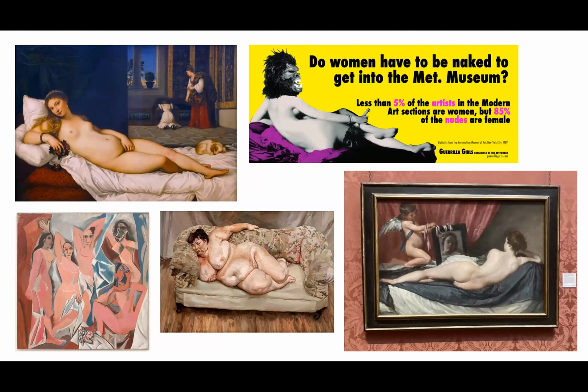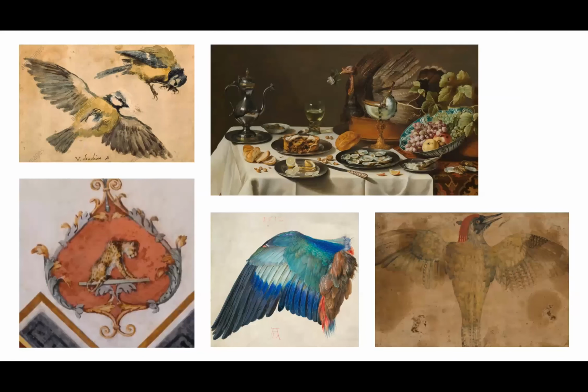I would like to suggest that just as art historical depictions of women are increasingly viewed in relation to patriarchal structures, when viewing historical depictions of non-human animals, we need to consider them in relation to historical exploitation of non-human beings in the natural world.